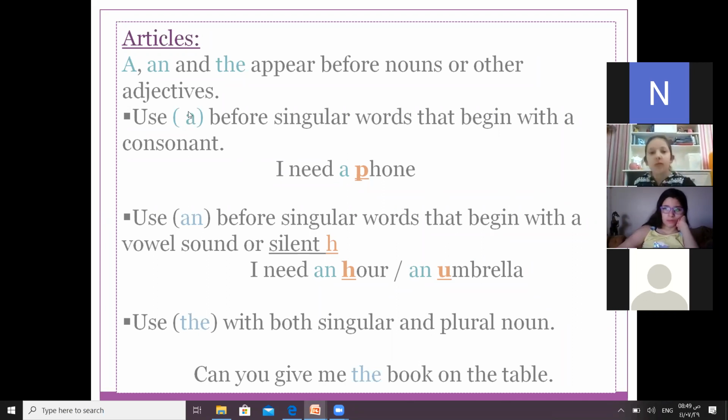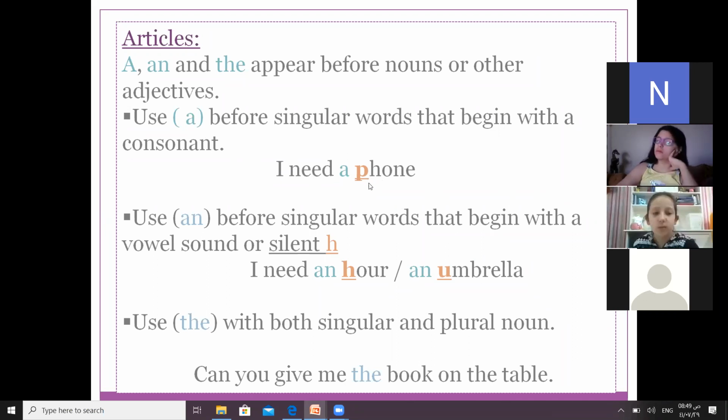I need a phone. Look here, the P is the consonant, so we will use a. It's not correct to use an. I need an phone? No, because we have a consonant here.